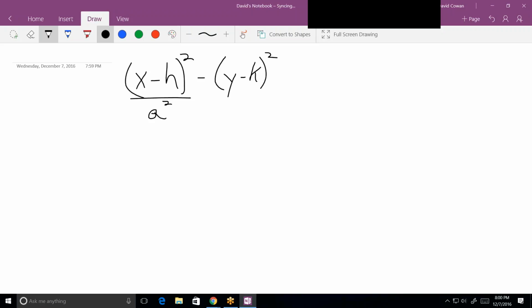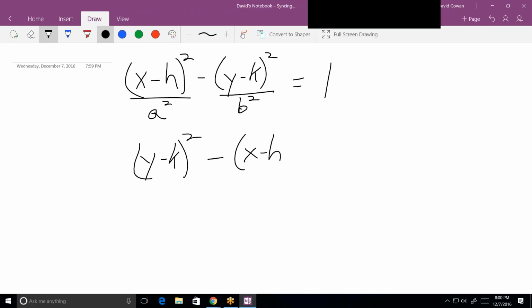The a and the b can be under either variable, and it can also be (y minus k) squared minus (x minus h) squared. And again, that could be b squared.